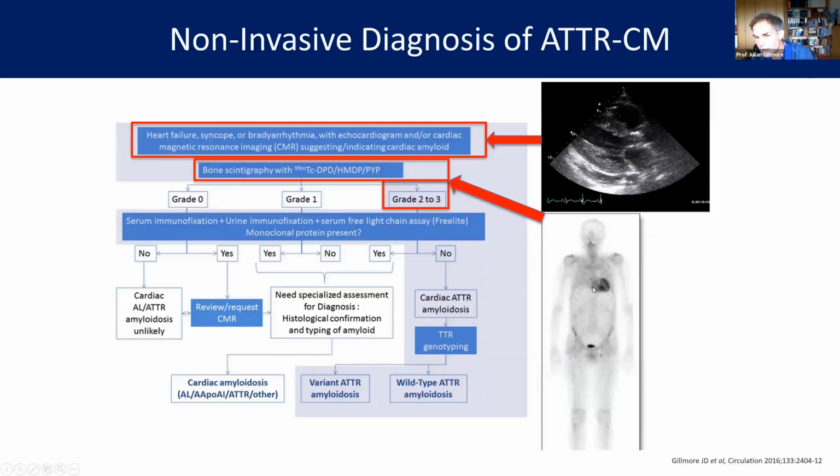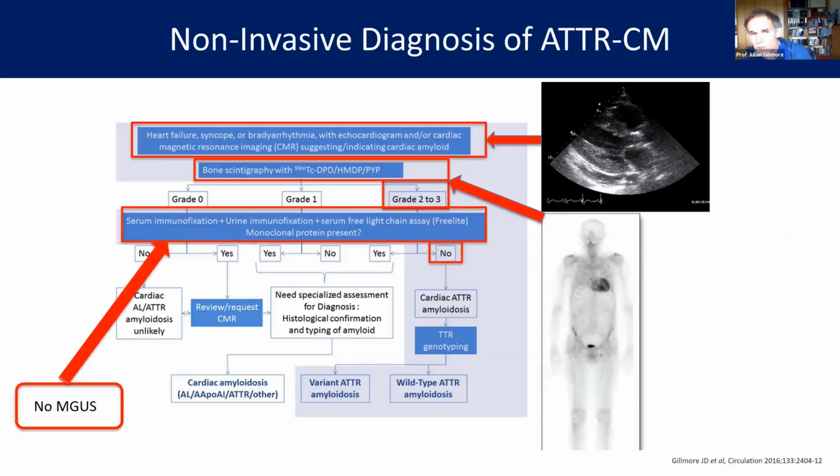And then you do a blood and urine test specifically looking for a paraprotein, or what we call a monoclonal protein. The reason for that is to exclude AL amyloidosis, which can give rise to this grade 2 uptake.